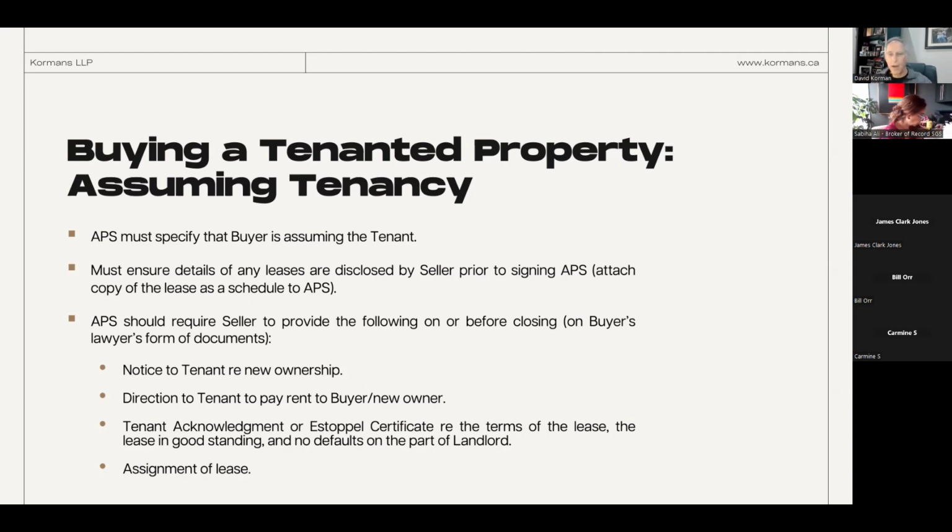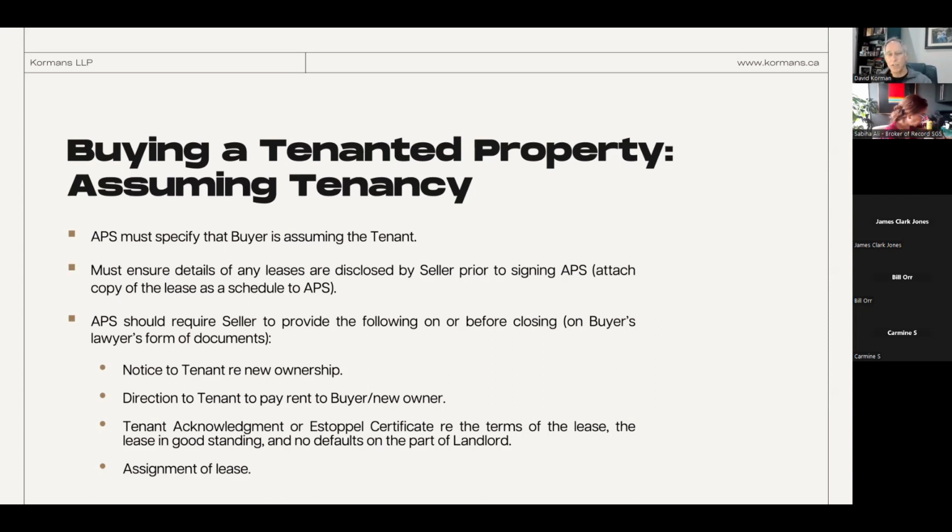Otherwise, the buyer steps into the shoes of the selling landlord, assumes the tenancy, and after closing the tenant can say, "Oh, we had an arrangement where I get free rent for 3 months, and I'm going to fix certain appliances instead of the landlord fixing them. So I'm not paying you rent for 3 months because that was my arrangement." A new owner never wants to find out stuff like that after the fact.